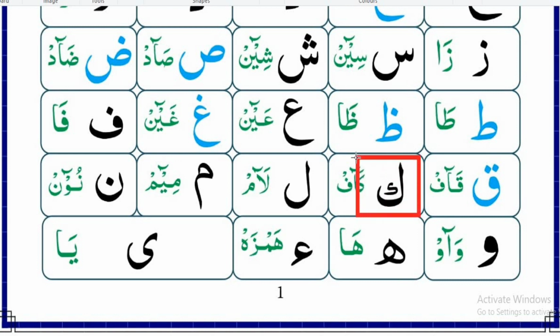And this is kaf. It's a similar sound again, but the difference is that the first one, qaf, was more like a heavy sound and kaf is the light one. Kaf, qaf. With two dots on top, it's qaf, and without the dots, that is kaf.